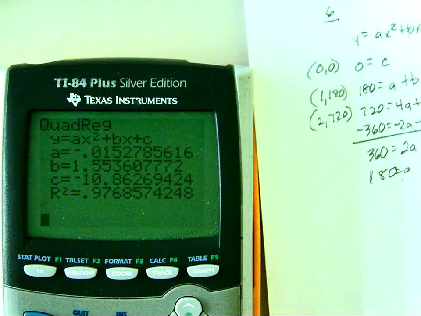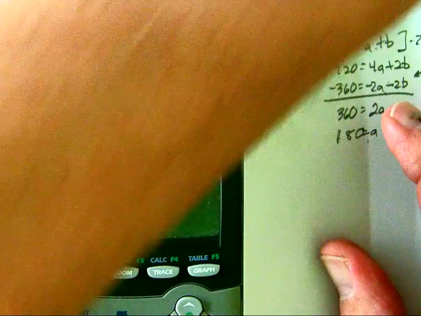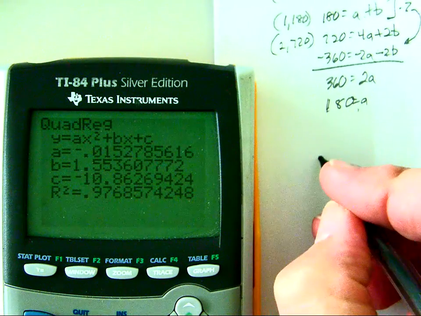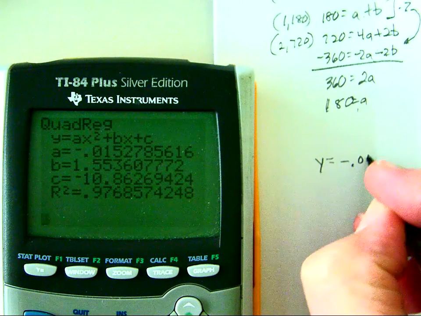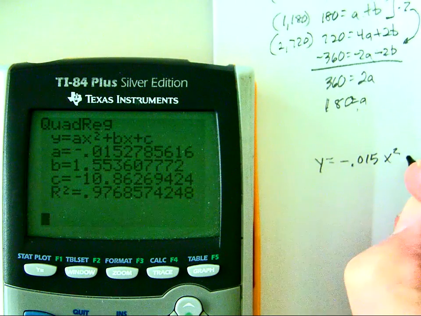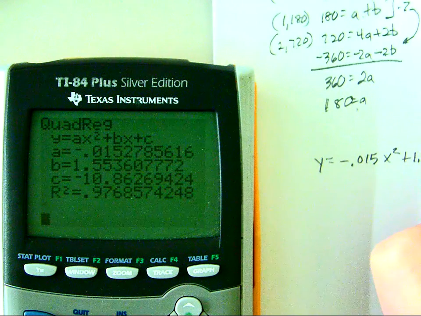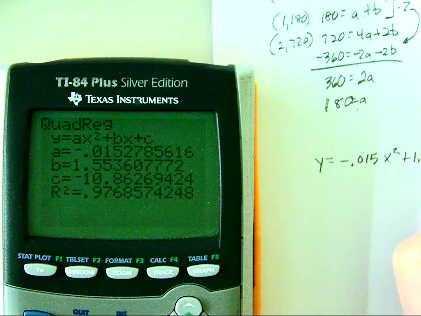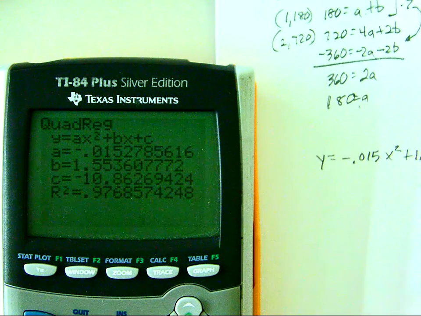So on our y equals ax squared plus bx plus c, we're just going to plug those numbers in. So we have y equals, it says a is a negative 0.015 x squared. B is 1.554 for x, and then it says C is a negative 10.863.